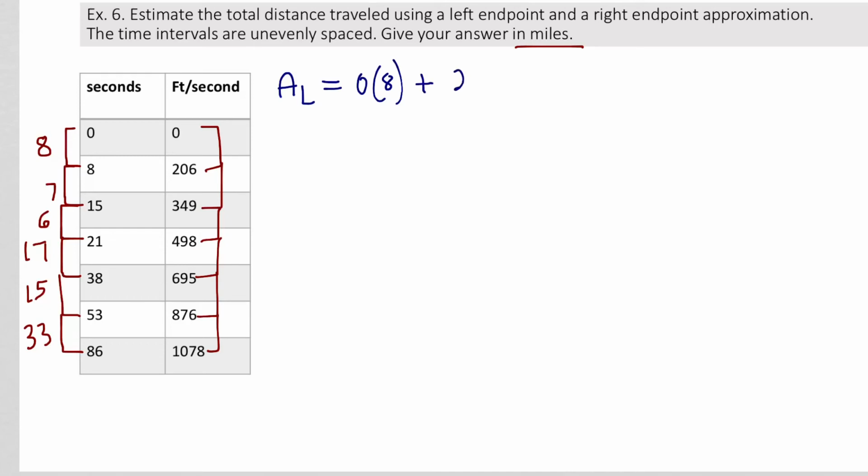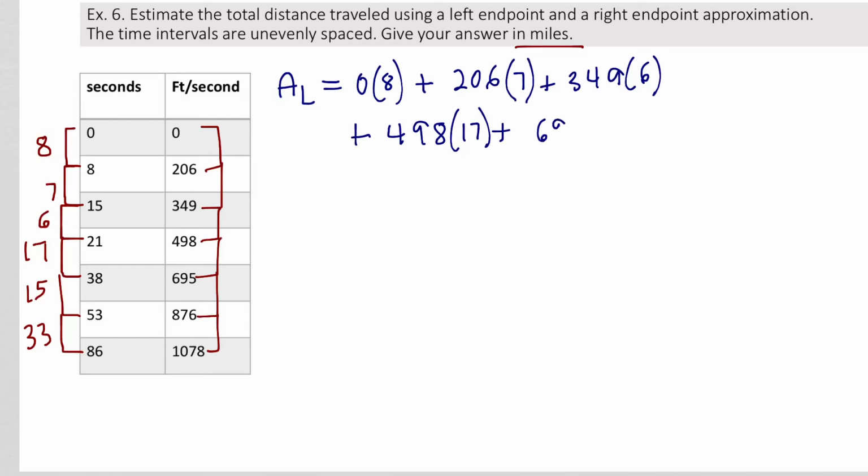Then 206 would be the left endpoint of my second rectangle, times delta x, which is 7. Then 349 times 6 plus 498 times 17 plus 695 times 15 plus 876 times 33.